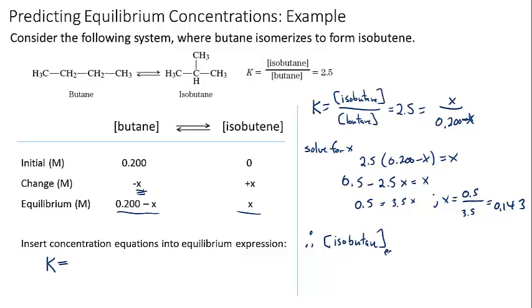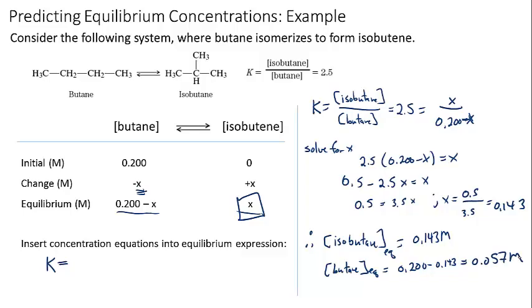So therefore, the concentration of isobutane at equilibrium is equal to 0.143 molar, because it's equal to X. Concentration of butane at equilibrium is going to equal 0.200 minus 0.143, so that's going to equal 0.057 molar at equilibrium. So we found our two equilibrium concentrations.